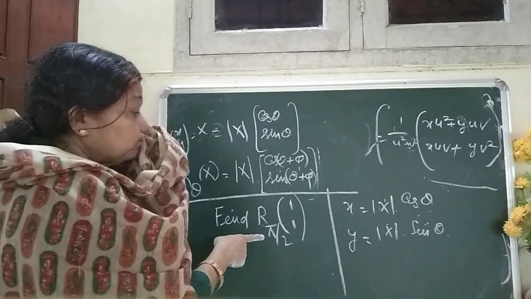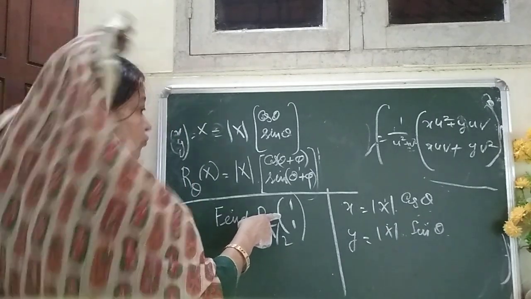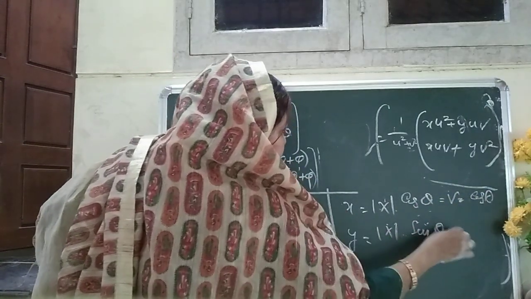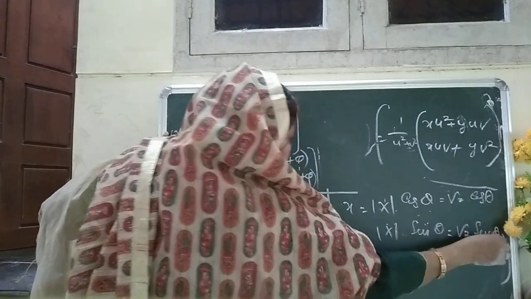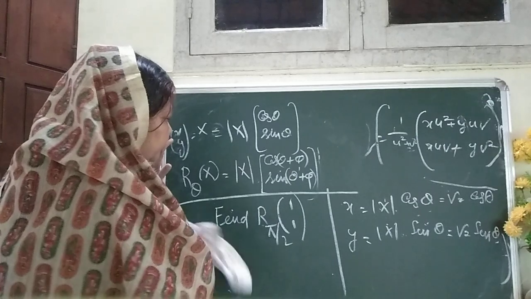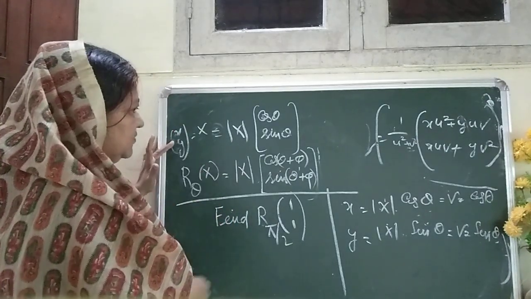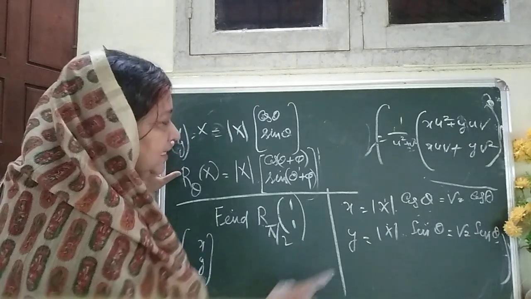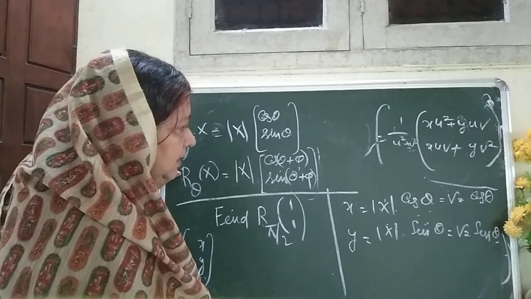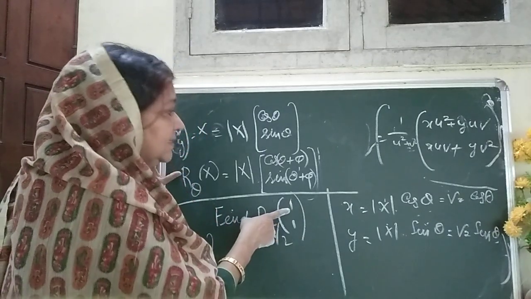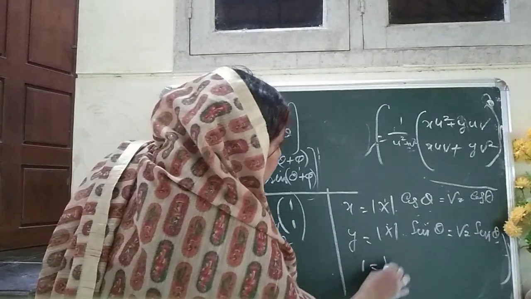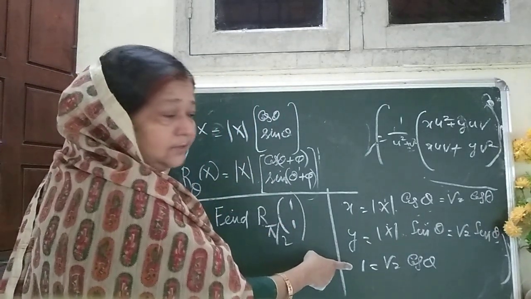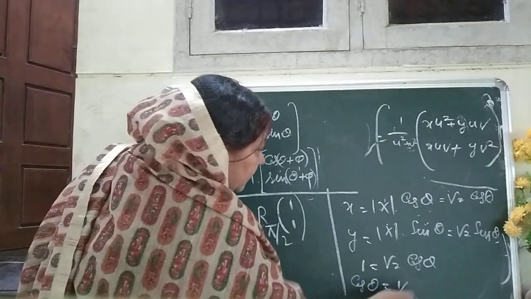Mod x equals root of 1 plus 1, that is root 2. Since we are given that x equals 1, 1 equals root 2 into cos theta, which gives cos theta equal to 1 by root 2.